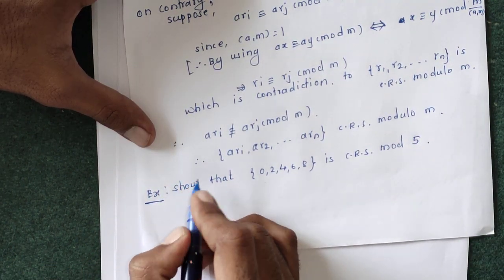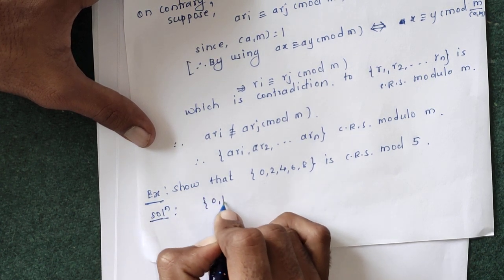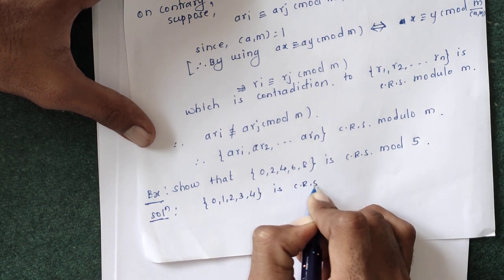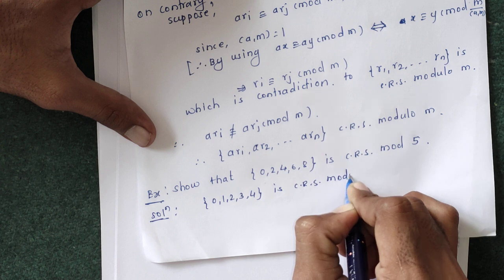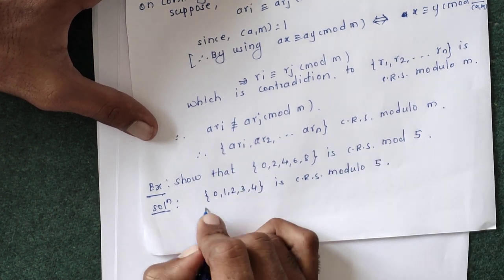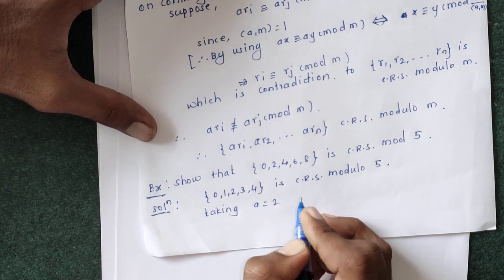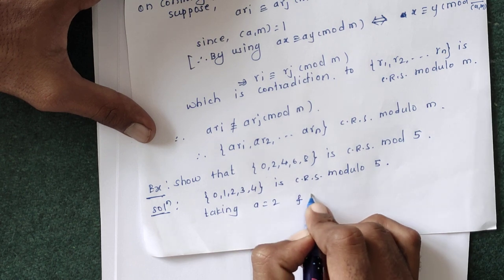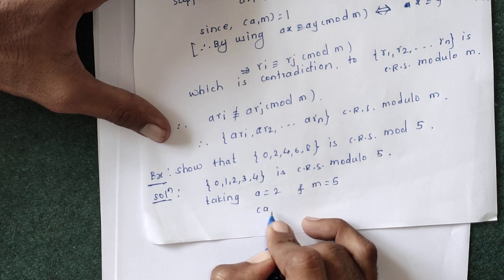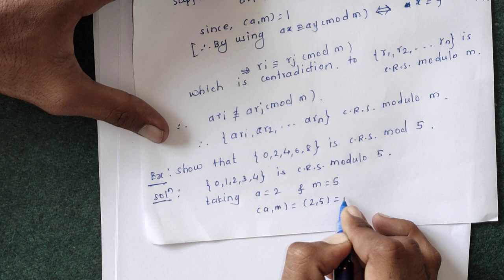In the solution we can say that 0, 1, 2, 3 and 4 is a CRS modulo 5, and taking A equal to 2 and m equal to 5 gives us GCD of 2 and 5 equal to 1.